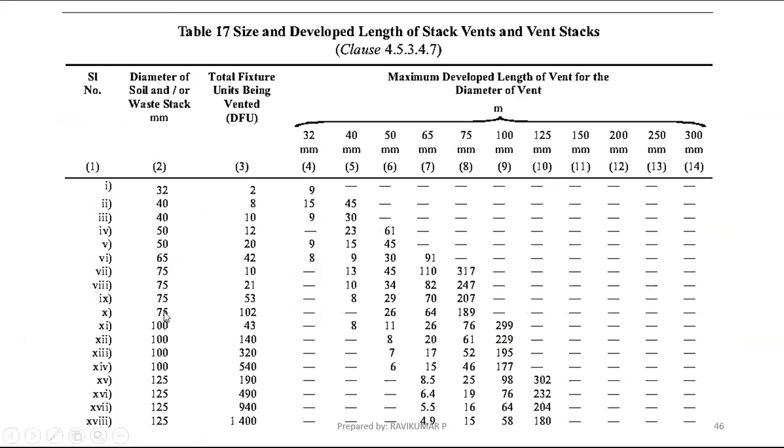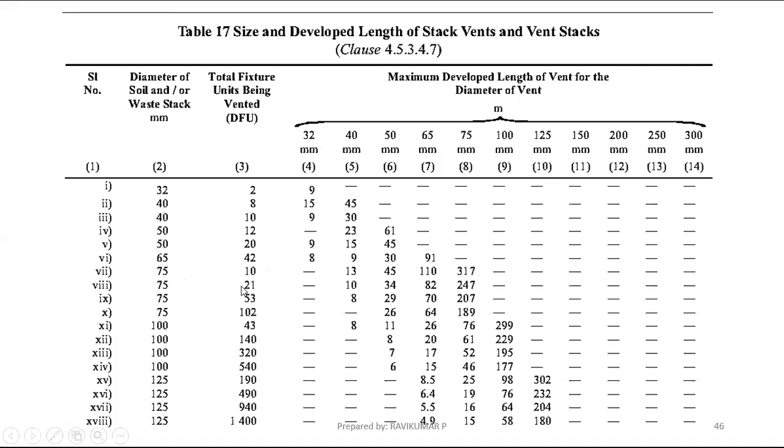Or if you see a 75 mm waste pipe, for the total fixture units, how much do you have to vent? Minimum 10, you have to take this row. Or for a 75 waste pipe with up to 21 fixture units, we will take this one.